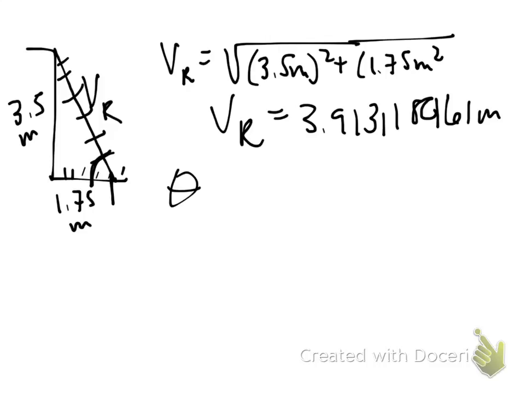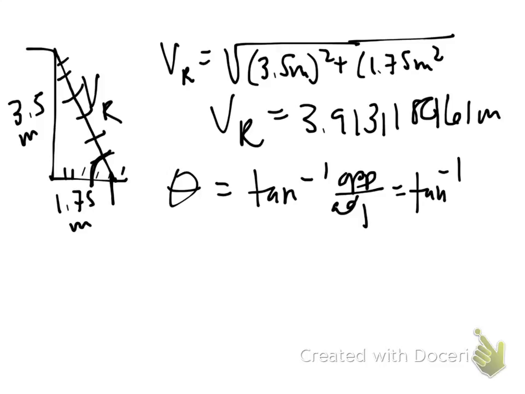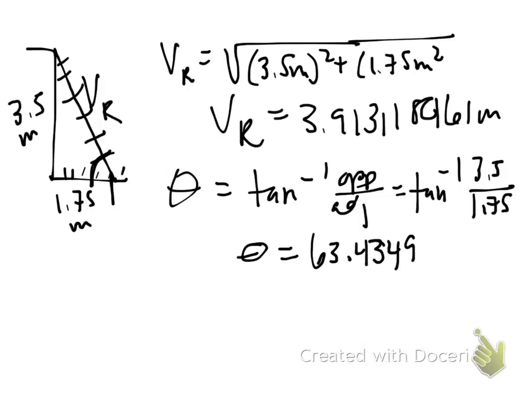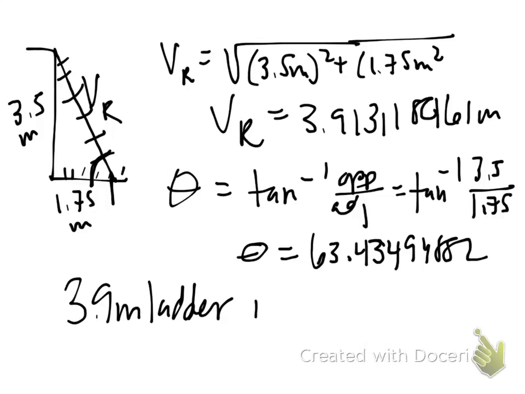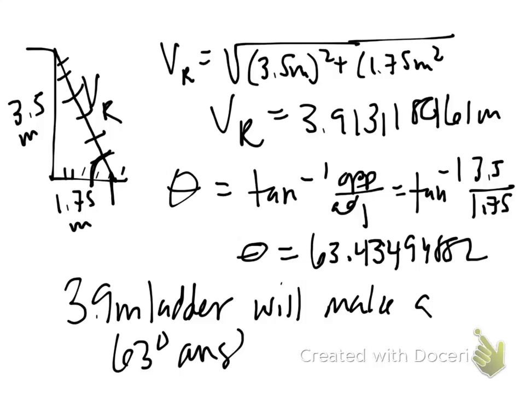The angle the ladder is going to make, theta equals tan minus 1 of opposite over adjacent, tan minus 1 of 3.5 over 1.75, theta equals 63.43494882. So when we sig fig it all out, we need a 3.9 meter ladder, and it will make a 63 degree angle with the ground.